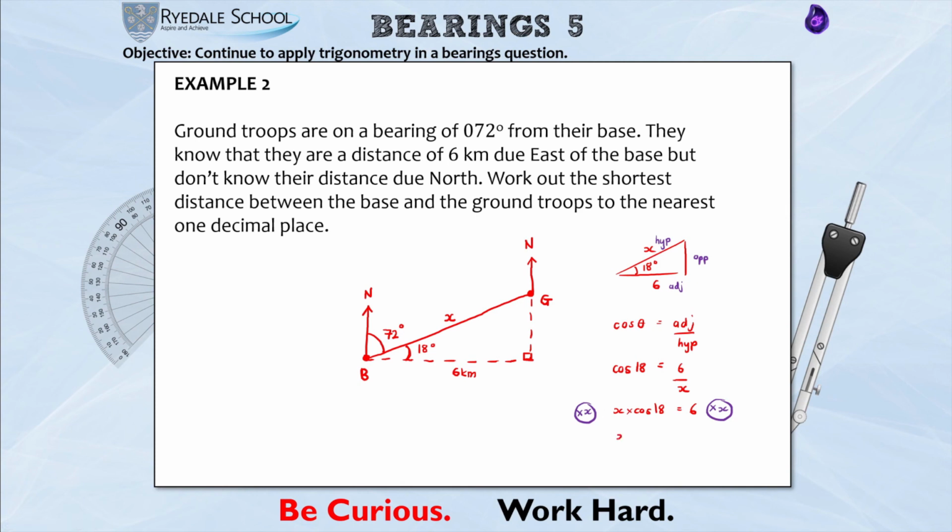So I know that x is 6 divided by cosine 18. I'll type that into my calculator. 6 divided by cosine of 18 is 6.3 kilometers. And that is 1 decimal place.